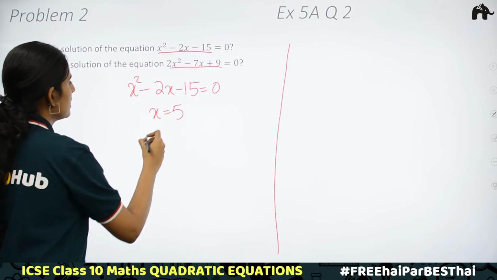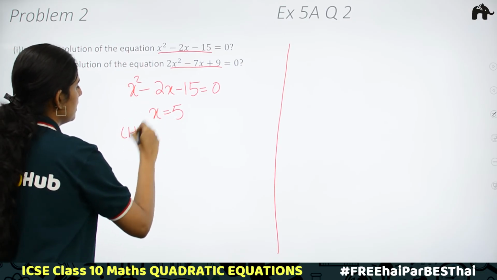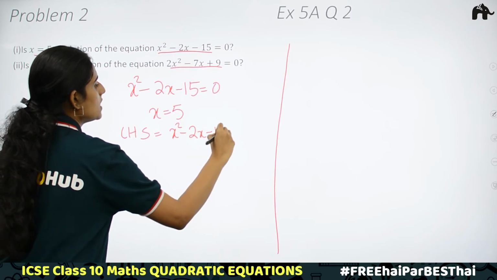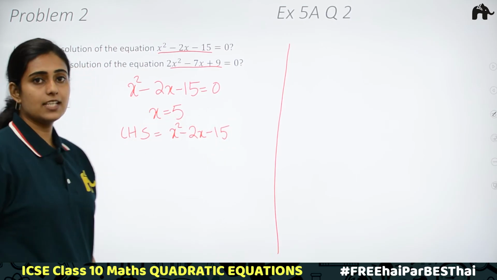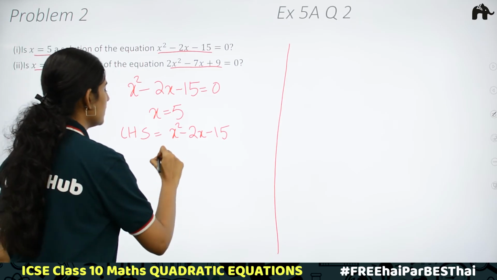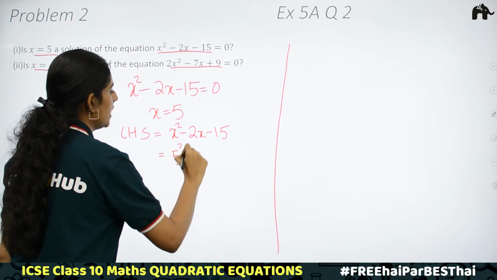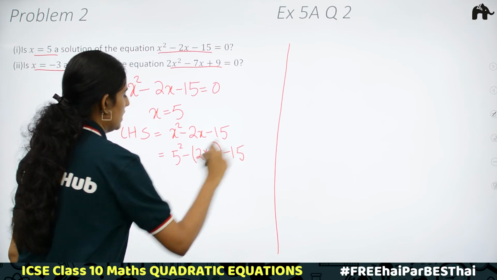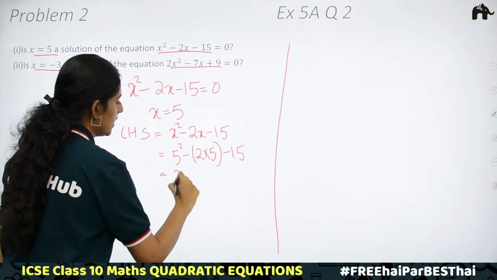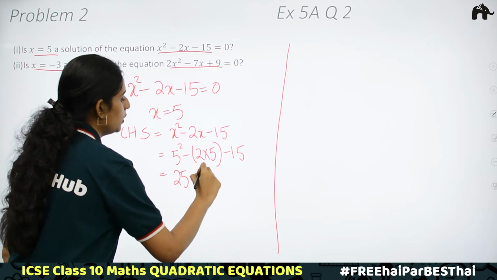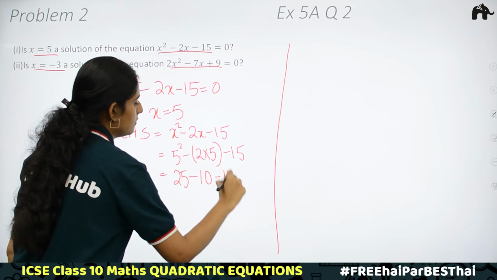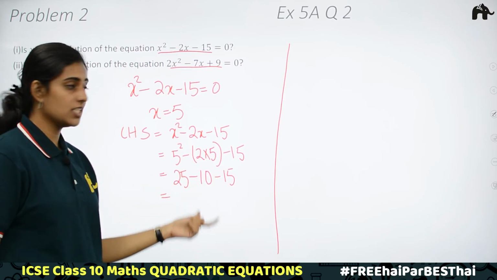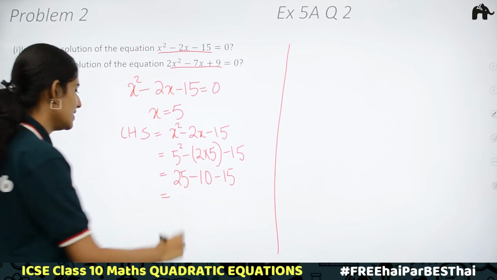Let's solve this. Take LHS. LHS we have x square minus 2x minus 15. Substituting x is equal to 5, 5 square minus 2 into 5 minus 15 is equal to 25 minus 10 minus 15, which is 15 minus 15, 0.